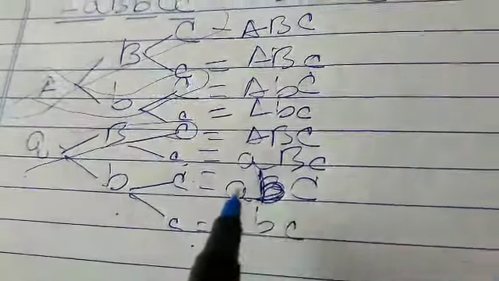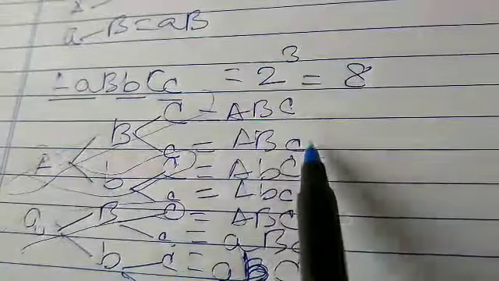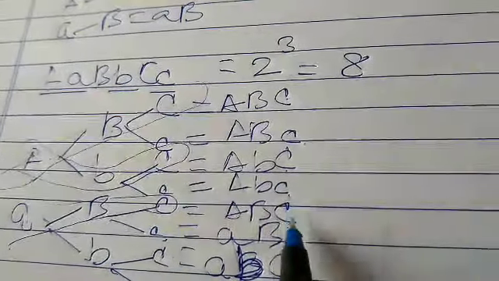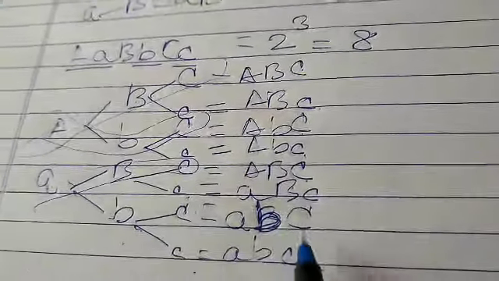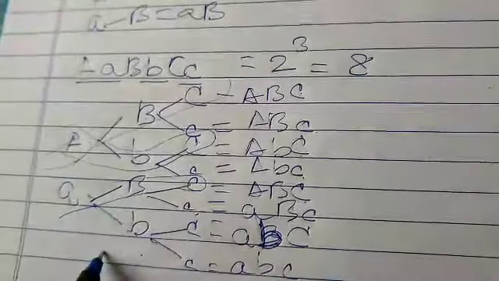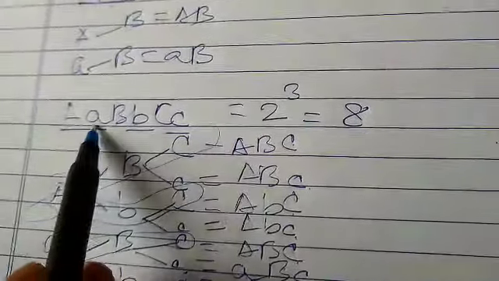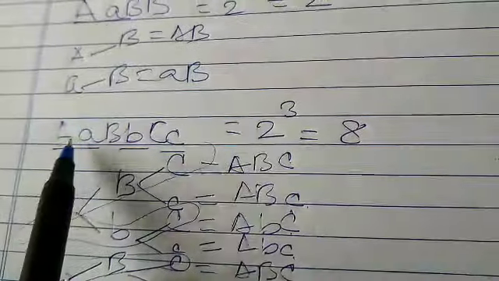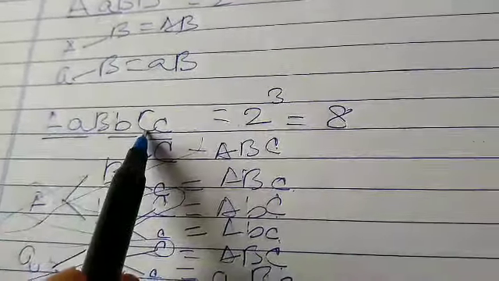Okay, so 1, 2, 3, 4, 5, 6, 7, 8. So 8 different types of gametes are formed out of this trihybrid cross, and all alleles are in heterozygous condition.